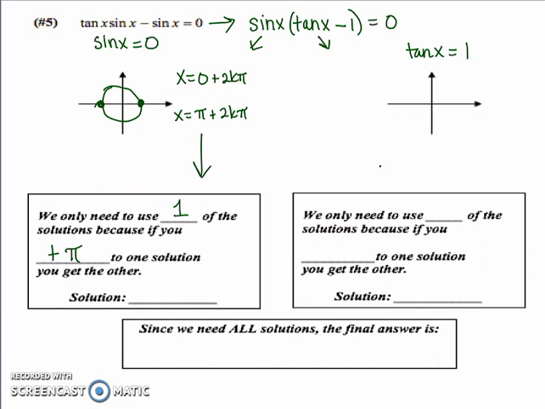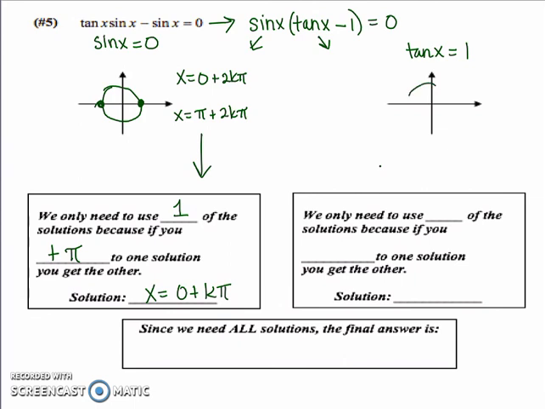So we can condense this solution and we can say x is really equal to 0 plus k pi, because at every interval of pi we have a solution, right? We have a solution at 0 pi, at 1 pi, at 2 pi, at 3 pi, at 4 pi, so on and so forth.